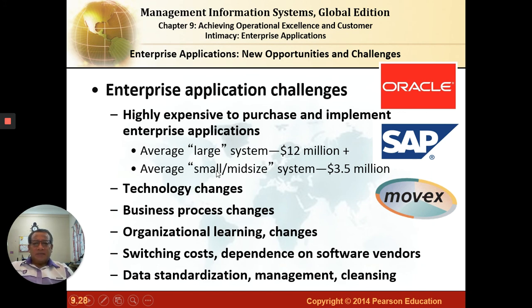So normally ERP software in companies is quite expensive, and I would say mostly ERP systems are being used by large companies, because this kind of system costs millions to the company. One large ERP system like SAP will cost around 12 million, and an average or mid-type system will cost a company around 3.5 million. So these are part of the big challenges of ERP systems in companies, because the cost is quite expensive.